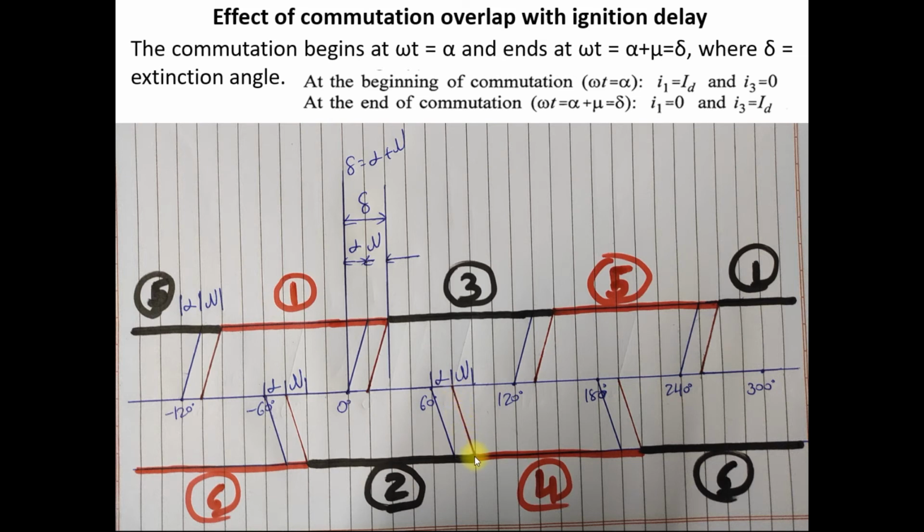So at the end of this commutation time, valve number 4 is completely on and valve number 2 is completely off. The conduction period of valve number 4 starts from here and ends at 180 plus delta. This one is delta and this crossover point is 180. Same for the next period. So this is the effect of commutation overlap with ignition angle delay, or firing angle delay. I hope you understand this conduction duration of the valves.